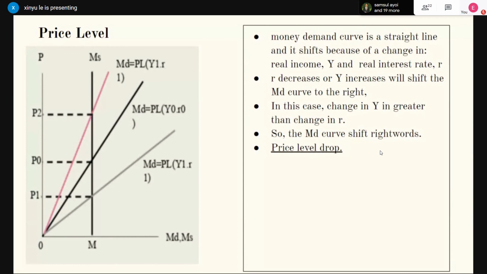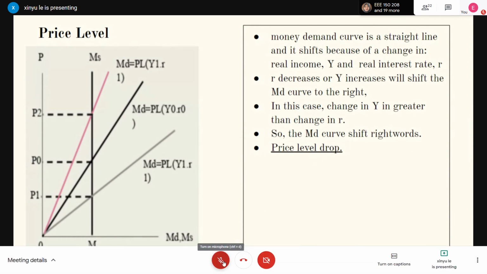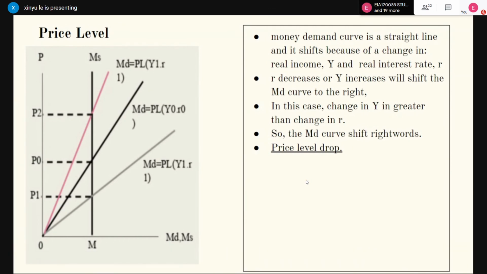Is it possible the MD curve will go flat? Yes, you're right. So what will happen to the price level? In this particular graph, if it keeps coming down, the price level will come down.